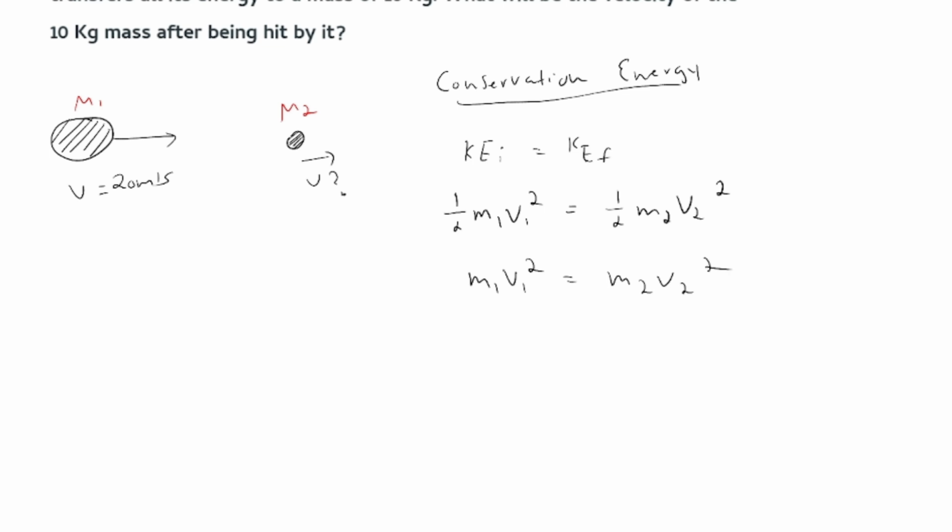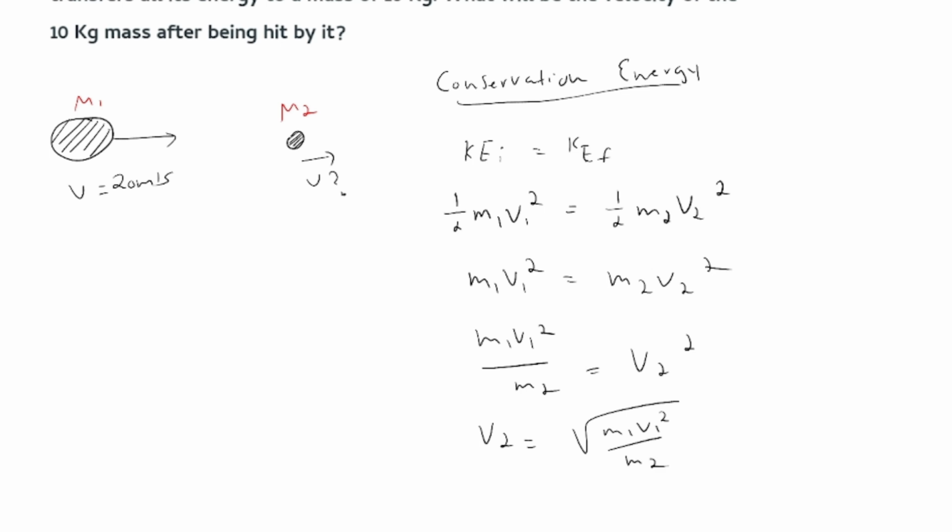From there, I'm going to divide by m2 and take the root. So it's m1 v1 squared over m2 is equal to v2 squared, and therefore v2 is equal to the root of m1 v1 squared over m2.